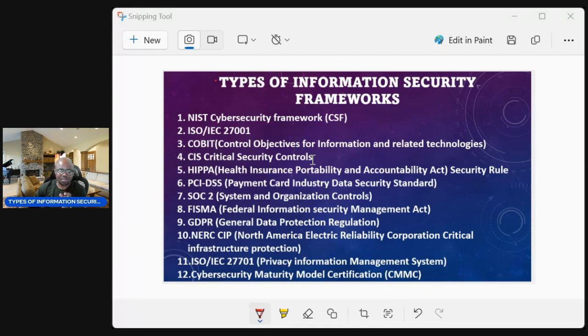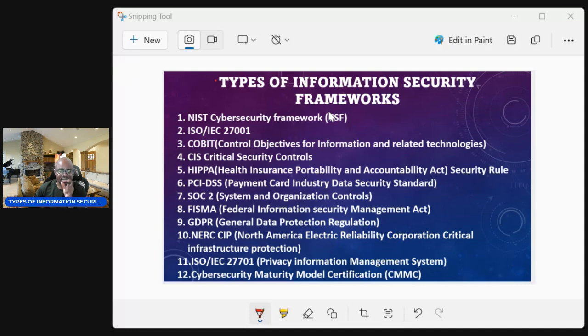And then last on my list, but not the least, is number 12, which is Cybersecurity Maturity Model Certification, CMMC. This particular framework was developed by the United States Department of Defense, DOD.